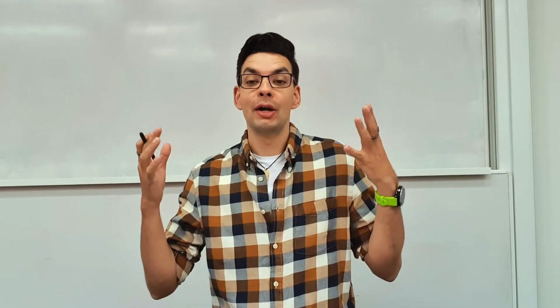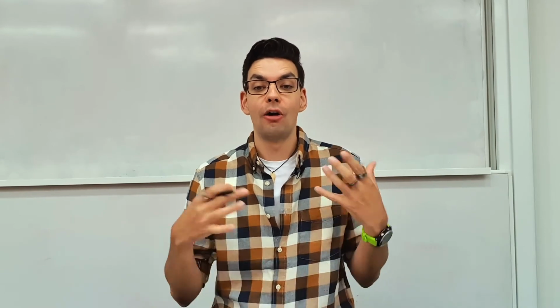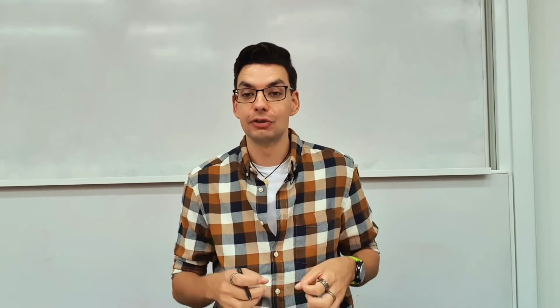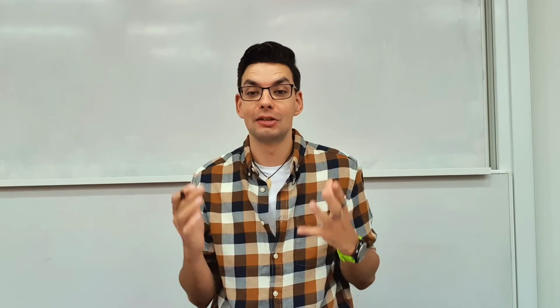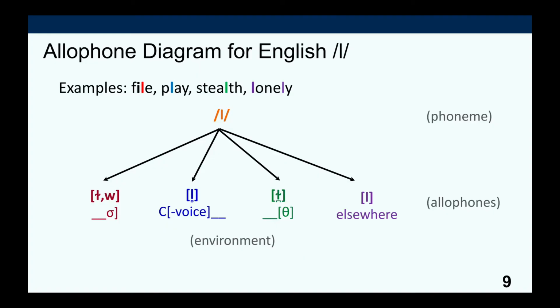So let's draw a diagram of the phonemes and allophones to get a clearer picture of the distribution of the sounds. Here on the top we have the phoneme L, the abstract version stored in a speaker's long-term memory in terms of the distinctive features necessary to pick out the sound. And then we have the individual versions.